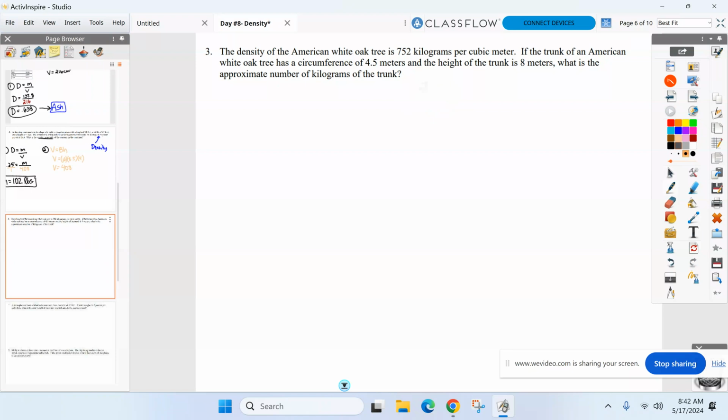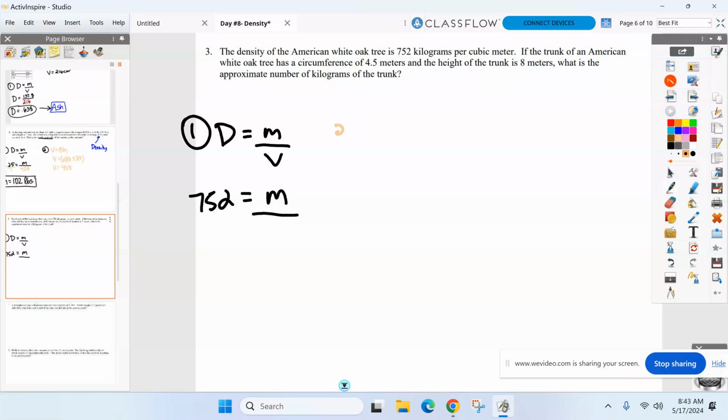Now I'm giving you the circumference of it and the height. What's the number of kilograms in the trunk? All right. Density, mass divided by volume. Substitute in 752. What are we looking for? The number of kilograms. So we're looking for the mass again. Volume is going to be a little tougher to get to now.